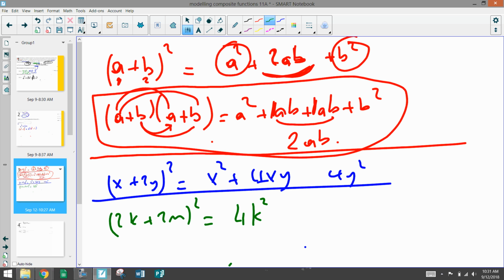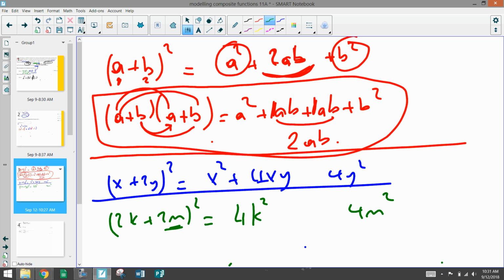Is that clear so far? Take the second term squared, Emmanuel. You're right. 4m squared. You guys are forgetting that the 2 affects the first and second term. 4m squared.